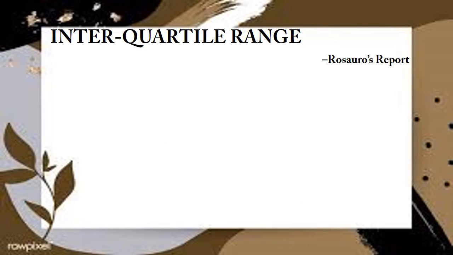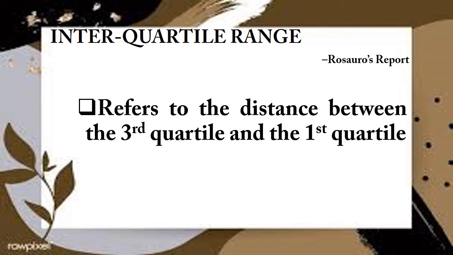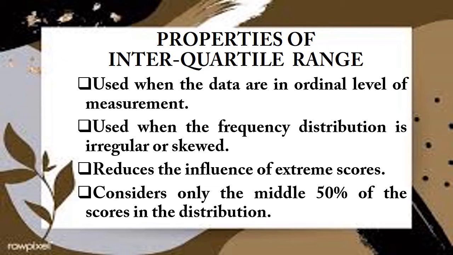Now, let's proceed to the interquartile range. The interquartile range refers to the distance between the third quartile and the first quartile. The interquartile range is used when the data are in ordinal level of measurement, and it is used when the frequency distribution is irregular or skewed.